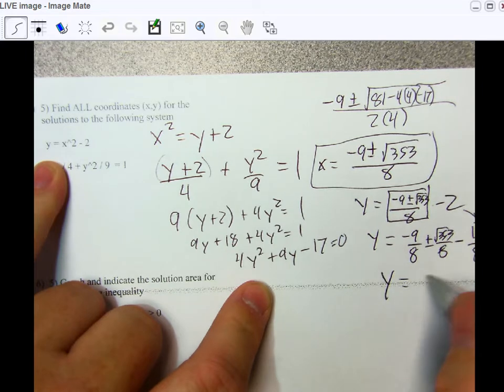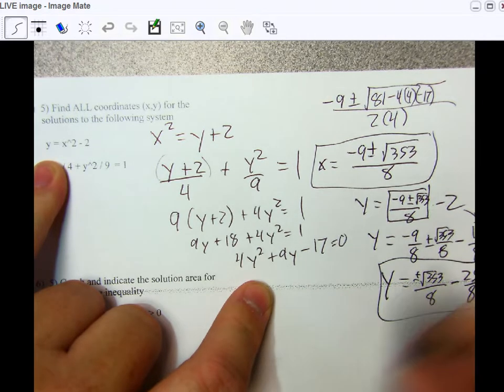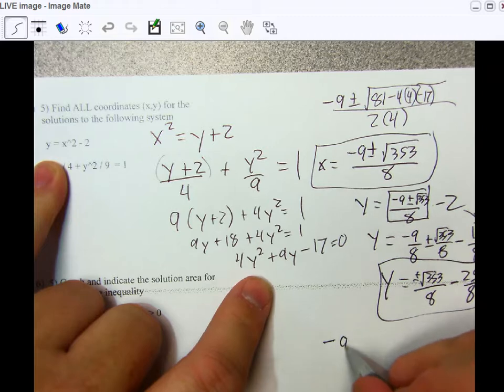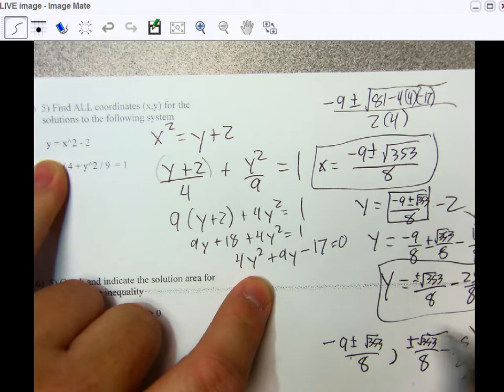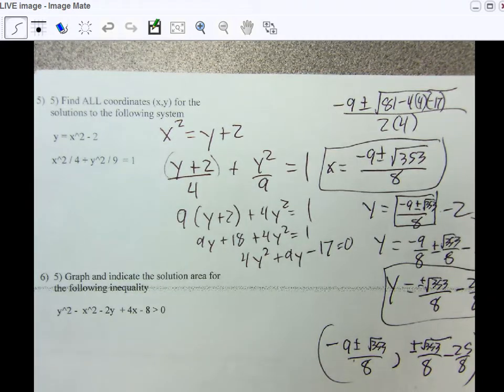So y equals plus or minus root 353 over 8 minus 25 over 8. So my points are -9 plus or minus root 353 over 8, comma, plus or minus root 353 over 8 minus 25 over 8. And so that represents exactly 4 points.